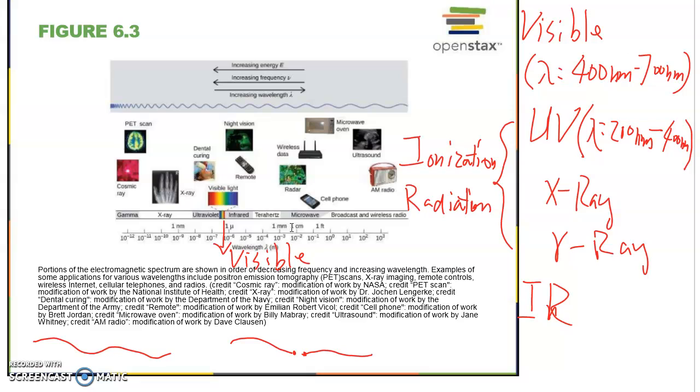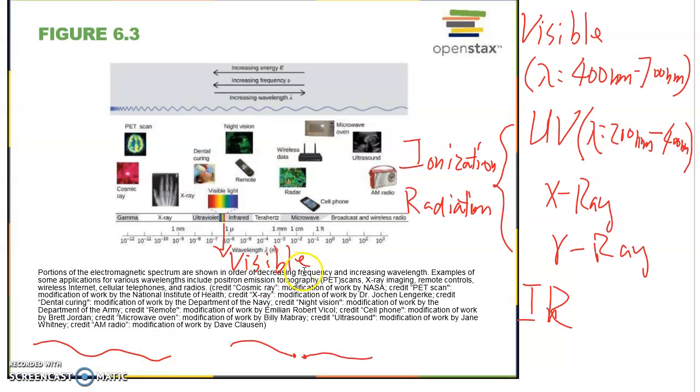Microwave is in the right frequency that matches with the rotational energy of water. That's what our microwave oven is based on. And it can heat up food that contains water. After that is radio frequency. That is the frequency or wavelength that our cell phone uses to communicate signals.